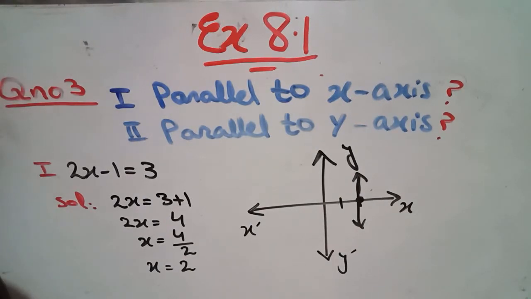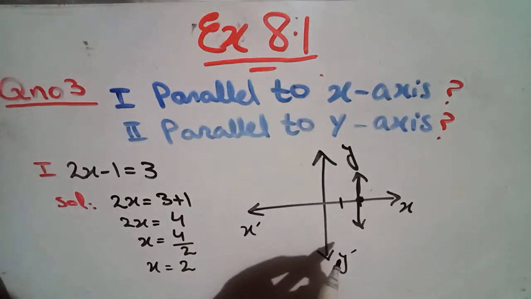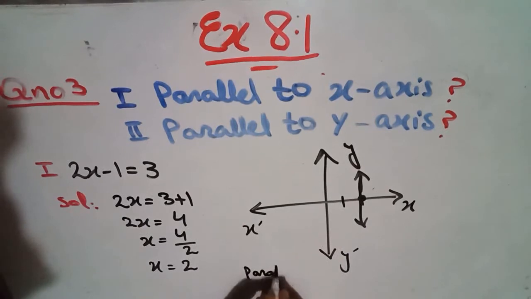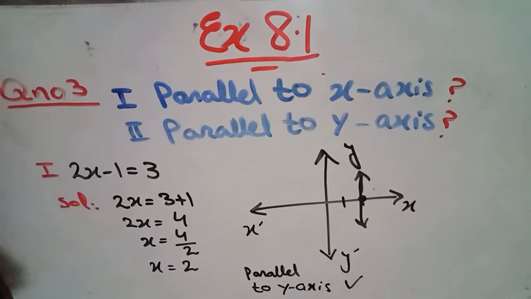It is parallel to the y-axis, because these two lines are parallel to each other. Okay, so simply you will write: parallel to y-axis. This will be the answer. Okay, simply.